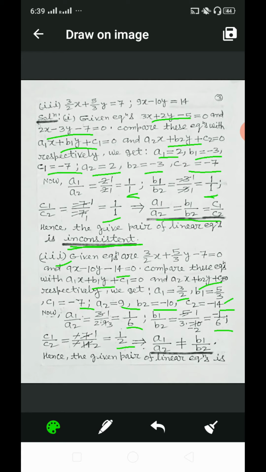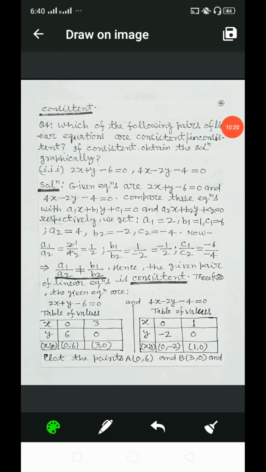Comparing the above ratios, we get a1 by a2 not equal to b1 by b2. So, we can say that the given pair of linear equations is consistent, that is unique solution.